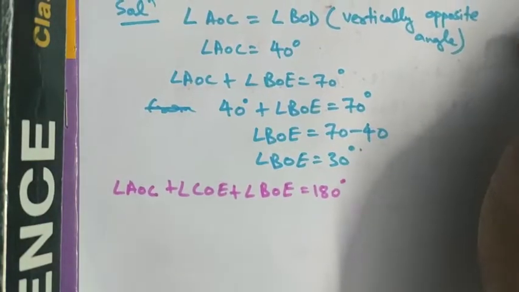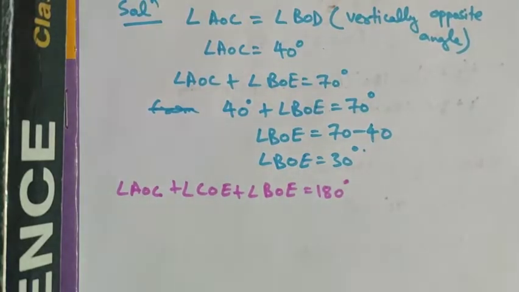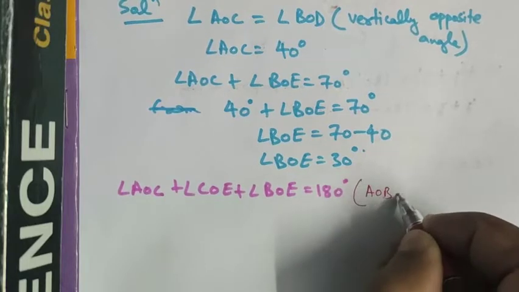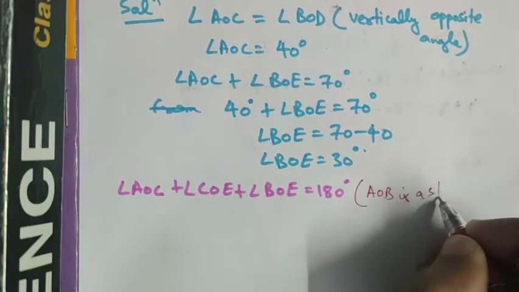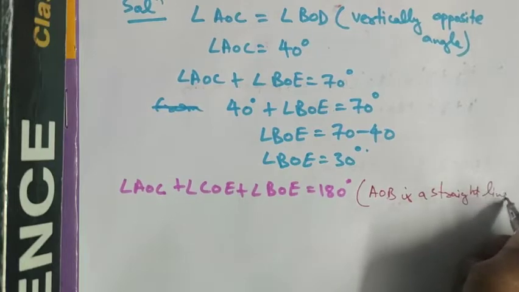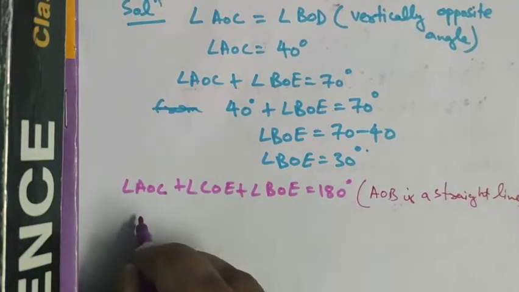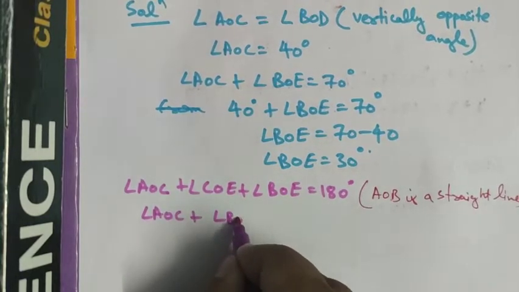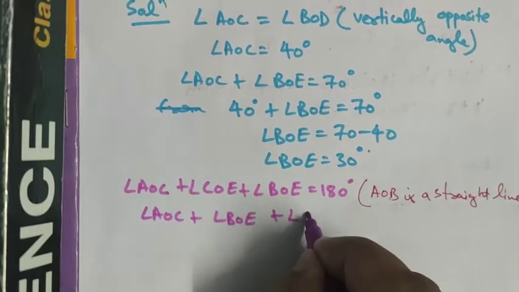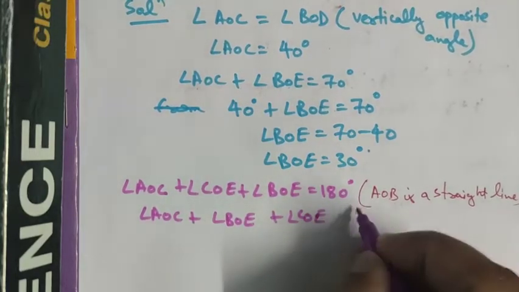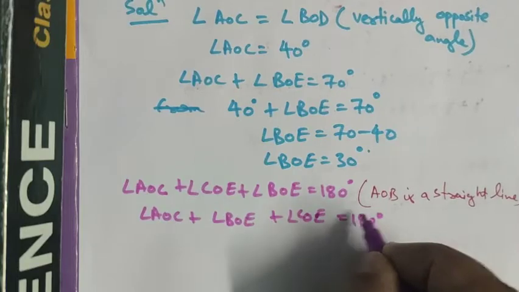So here I am writing the reason as since AOB is a straight line. This can also be written as angle AOC plus angle BOE plus angle COE, just the rearrangement, equals 180 degrees.